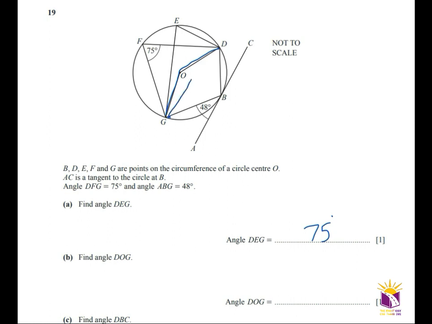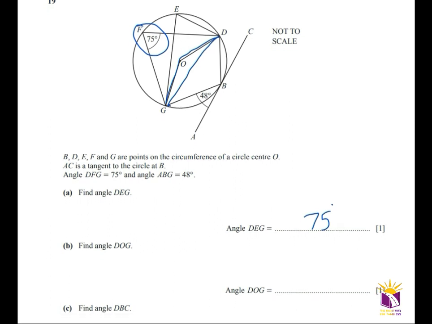This one is the smallest triangle and this one is the largest triangle, the outer triangle. And we know that the angle at the circumference is half of the angle at the center.